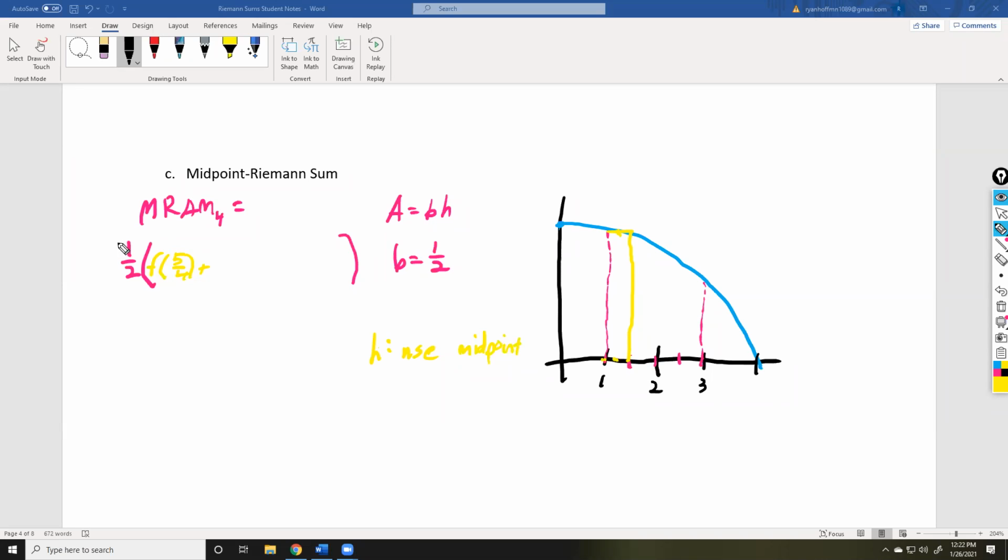Our second one, the base is still 1/2. That's why I factored the 1/2 out. But then for 1.5 to 2, instead of using 1.5 or 2, we're going to split the difference and find halfway in between. Right? MRAM, we're using the midpoint. So we're using f of, instead of 1.5 or 2, we're using 1.75.